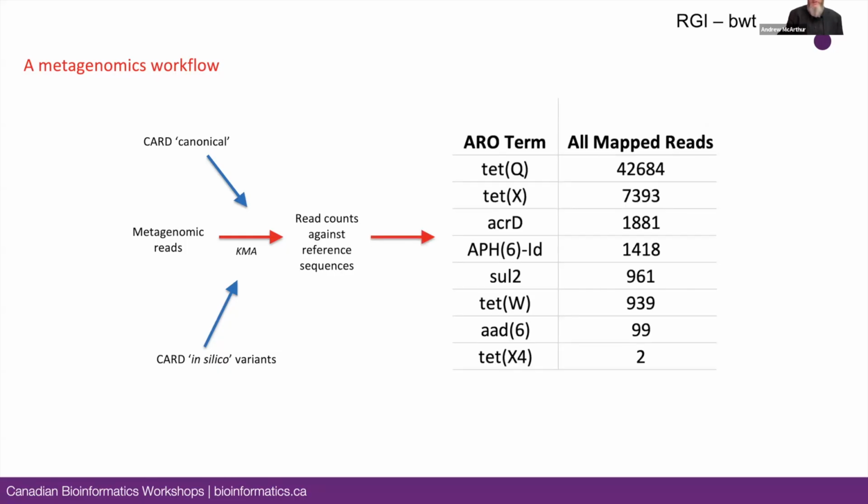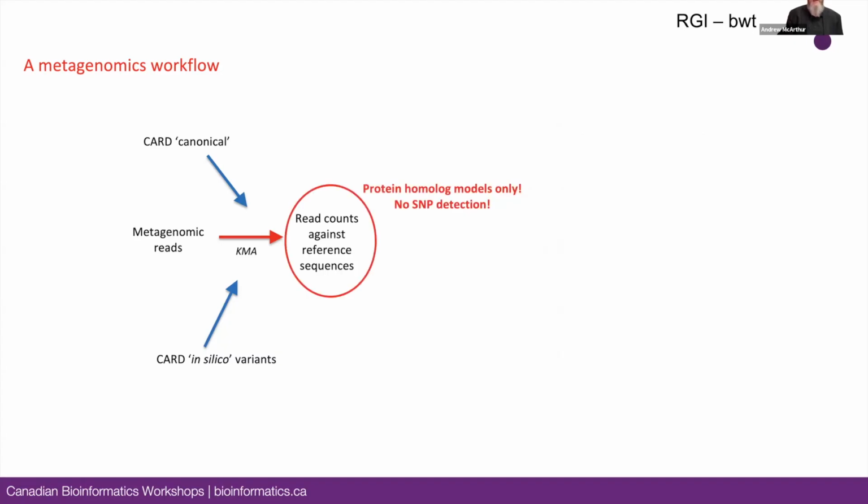Out of my millions of reads, there were 42,000 aligning to TET-Q, just over 7,000 to TET-X, for example. This is the standard type of data you see from metagenomics, and we're going to look at some today. The key thing is these algorithms, even KMA, are not designed for SNP detection. So they really only work when it comes to dedicated resistance genes, like an enzyme that's encoded.